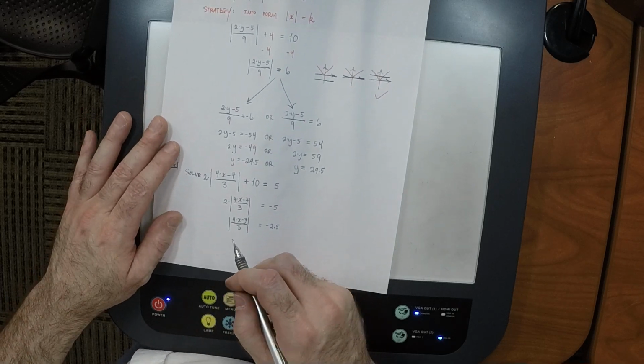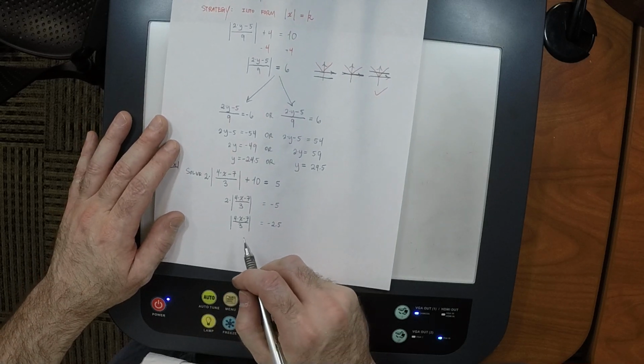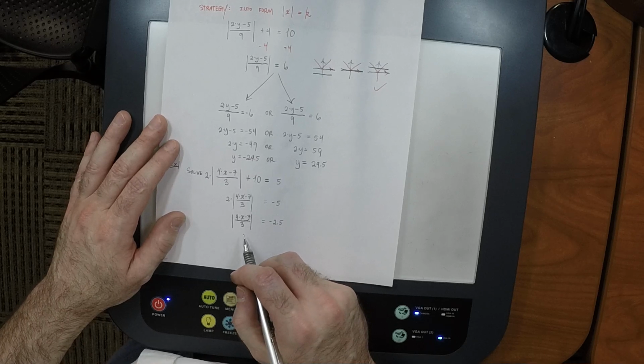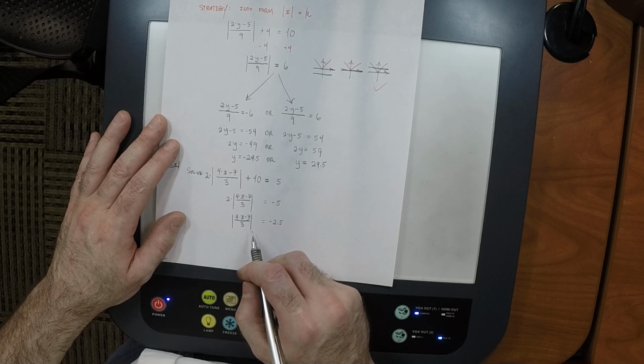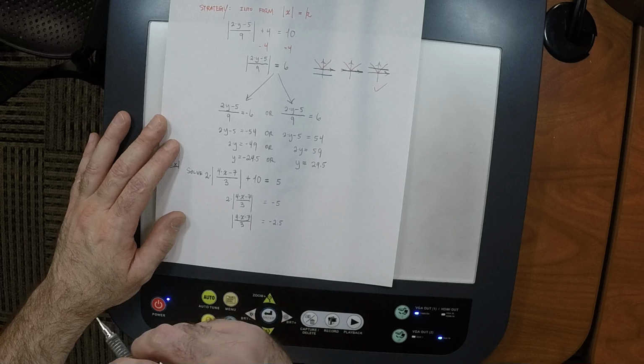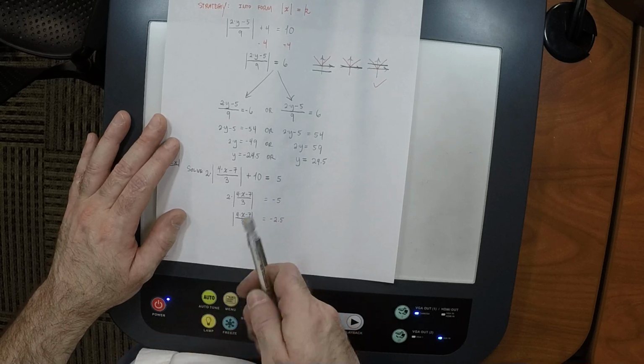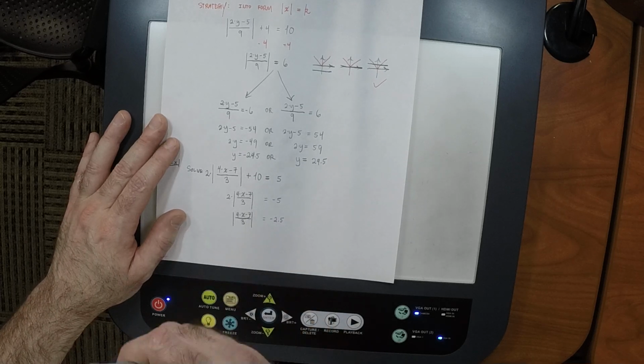So we break it into 2 equations. Okay, why do we break it into 2 equations? And what 2 equations? Yeah, so there's no solution, right?